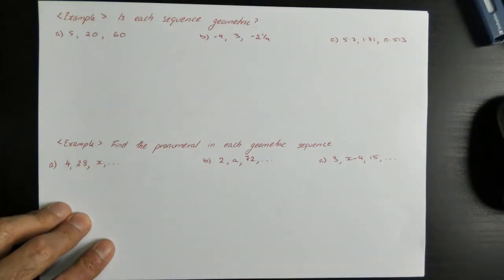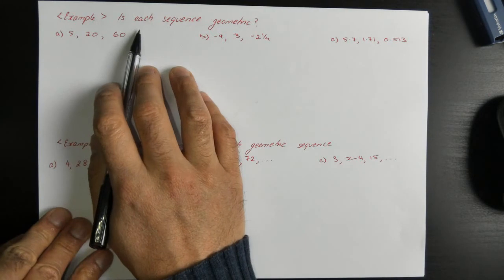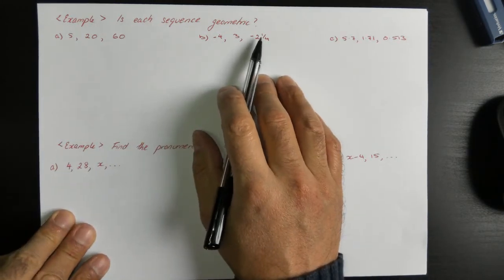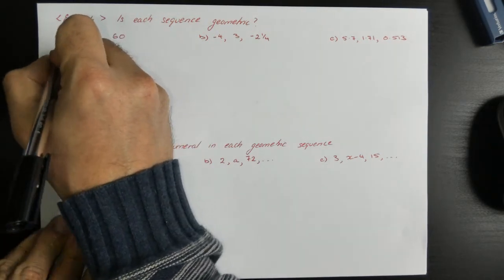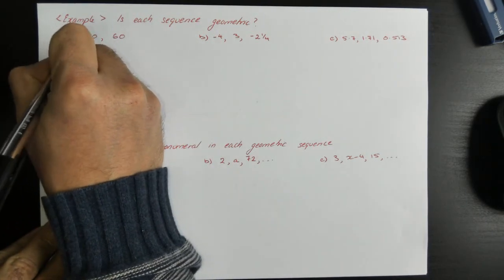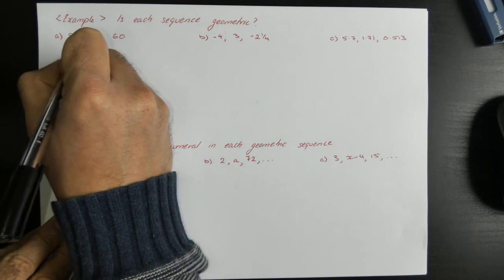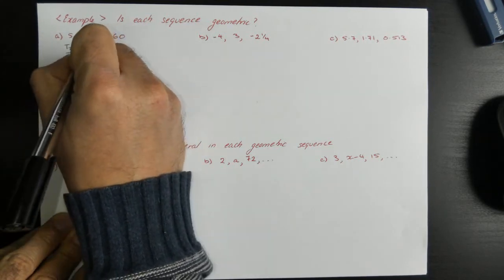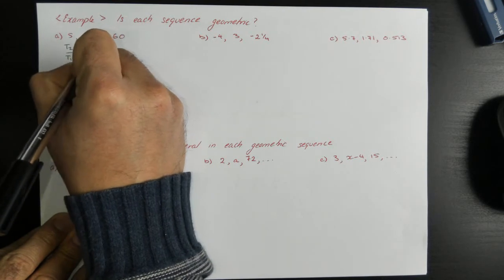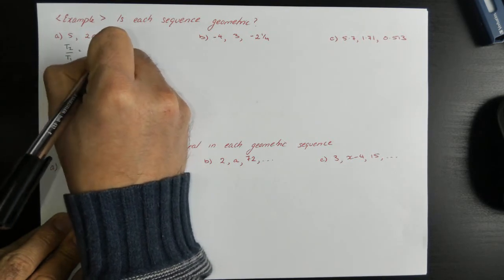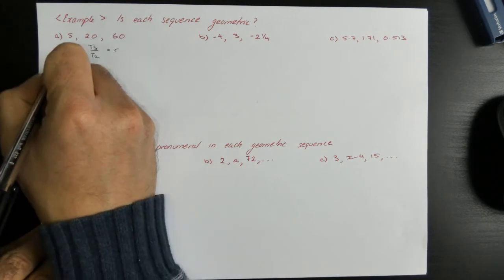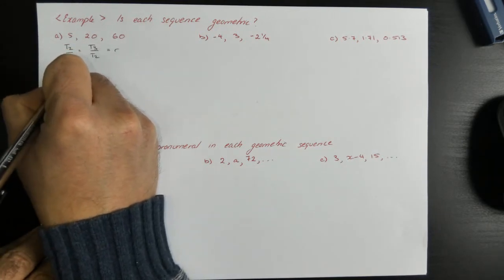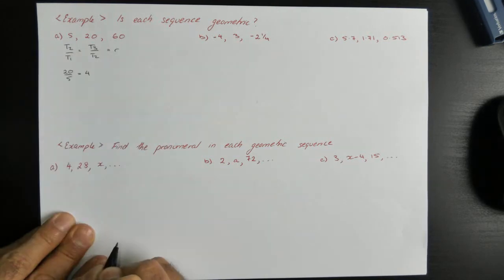Let us do some examples. All right, we want to find if each of these sequences is a geometric sequence. To do so, we need to check that T2 divided by T1 is equal to T3 divided by T2, and that should give us R. So let's check. In this case, T2 is 20. 20 over 5 equals 4.